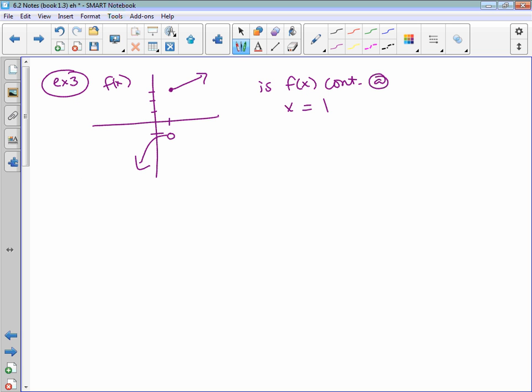I think you guys know the answer right away. It's going to be no, but you have to show me why. As you squeeze in from the left and from the right, did they run into each other? No, they're at different places, so the limit does not exist.